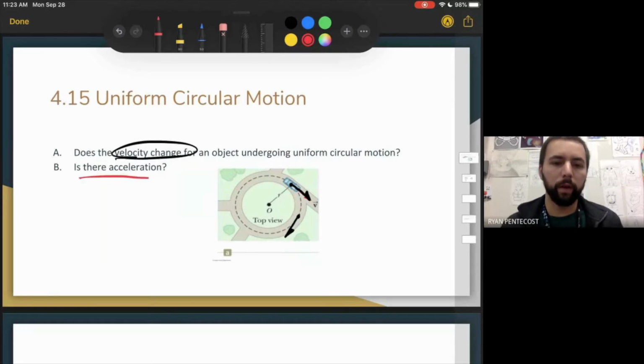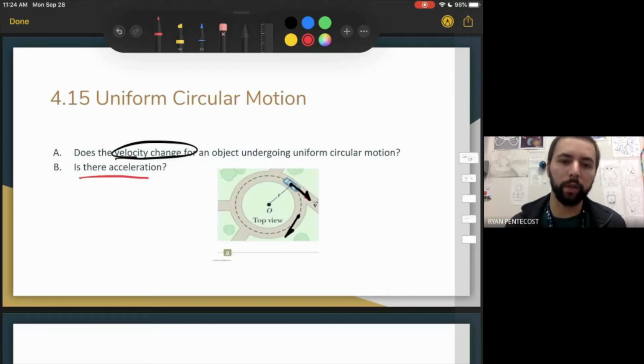So if you have any kind of change in velocity, that means that you will have a change in speed or direction, which means there's acceleration, right? If velocity changes for any reason, speed or direction, acceleration must do that, right?